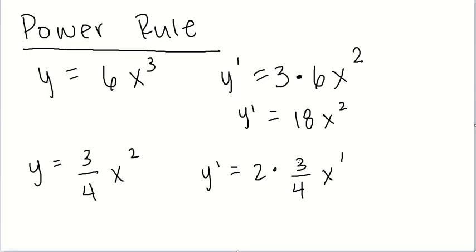And again, we can simplify this here. 2 times 3/4 is going to be 6/4, and 6/4 is the same thing as 3/2. So we can say that y prime is equal to 3/2 x. So again, if there was already a number out front, I just took the exponent and multiplied it by whatever number was already out front.